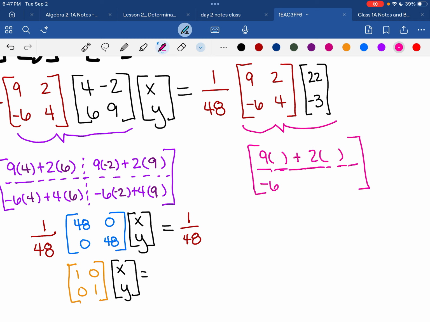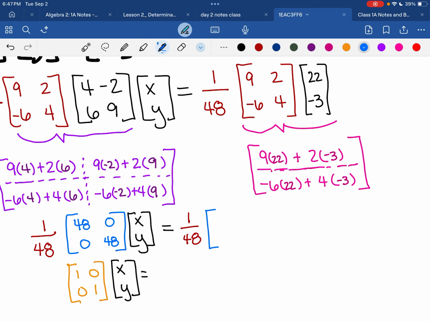Row 2 is going to be -6 times something plus 4 times something. And that column of 22 and -3 is going to get thrown in here. Okay. And then those values I'm going to write in the blue as well.